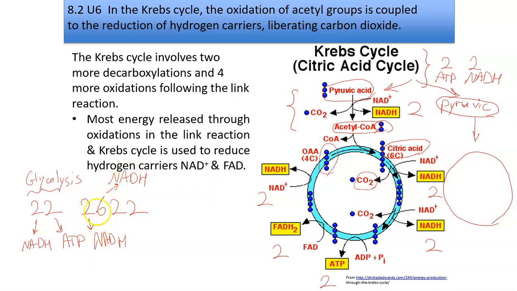So 2 NADH at the link reaction stage, 6 NADH over there, and then 2 ATP and 2 FADH2. So the phone number for the production of NADH, ATP, and FADH2 for the whole process from one glucose molecule would be 222622. That's all.